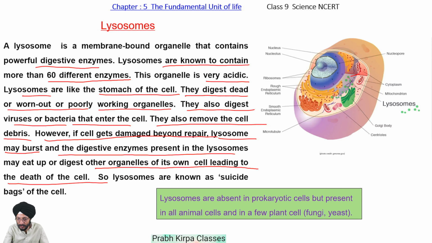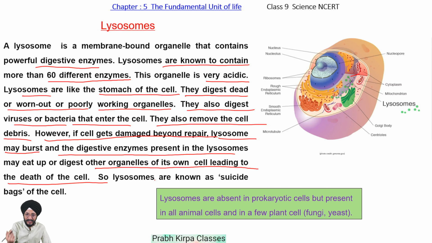That is, these lysosomes will start eating the fellow organelles, which may be the mitochondria, ribosomes, Golgi body. It will start digesting these organelles. So it will ultimately lead to the death of the cell. So lysosomes are known as suicide bags of the cell.